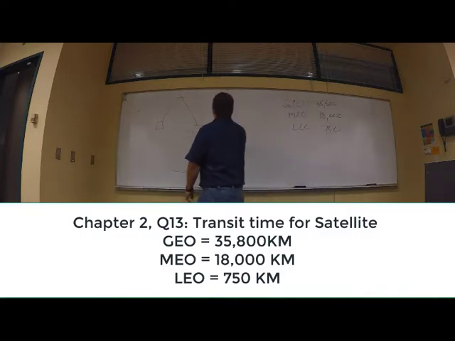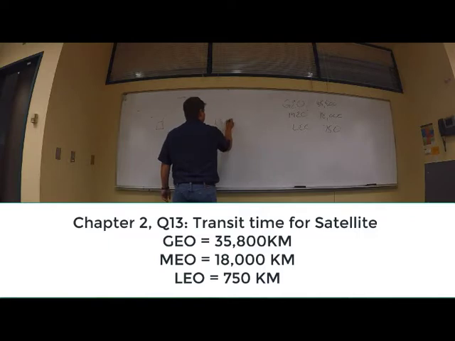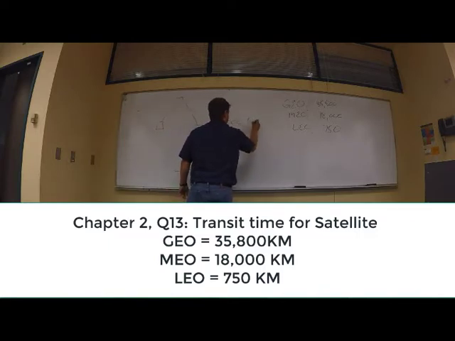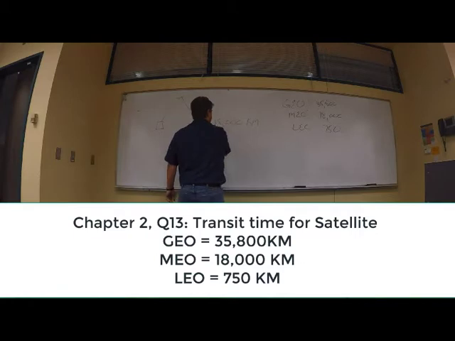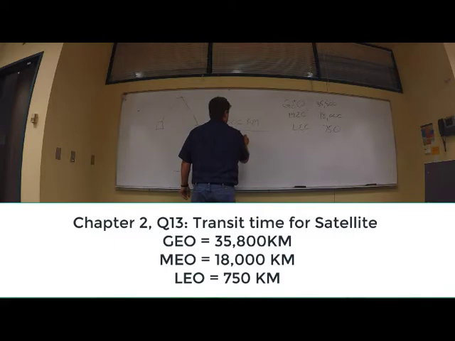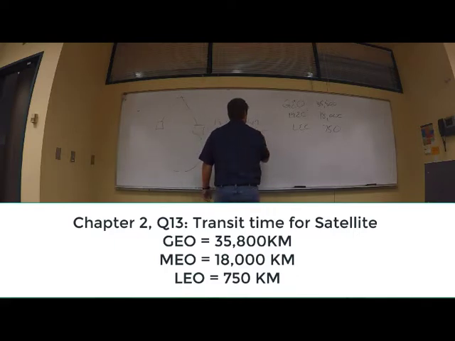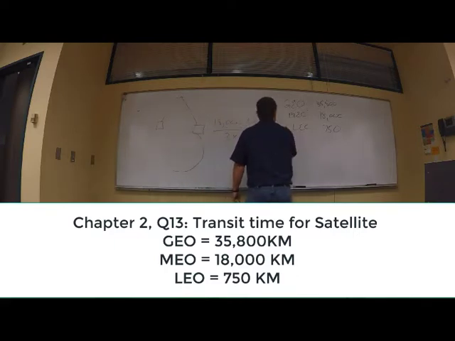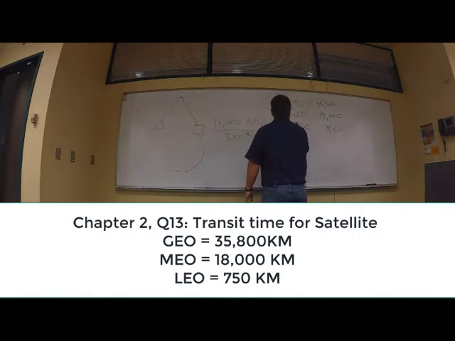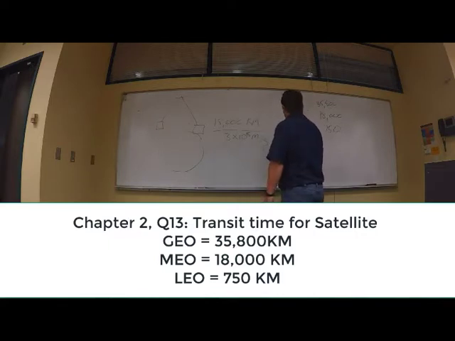So now we have 18,000 kilometers divided by 3 times 10 to the 8th meters per second, and then 1,000 meters per kilometer.